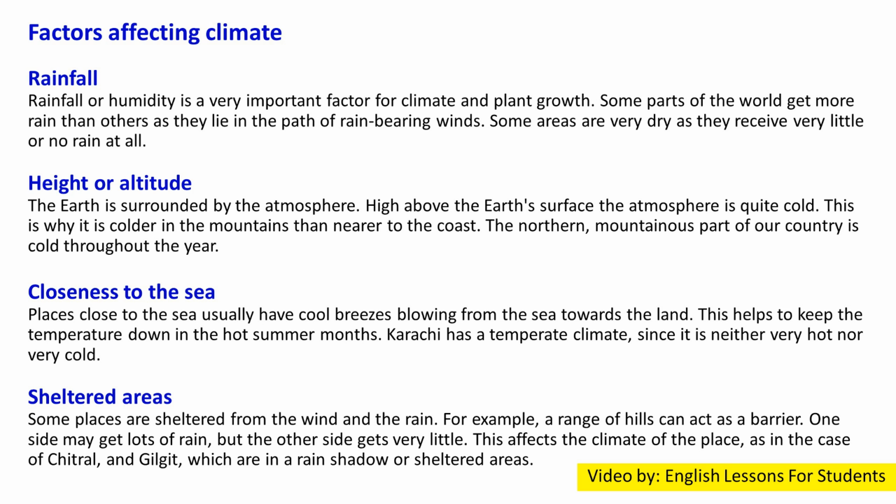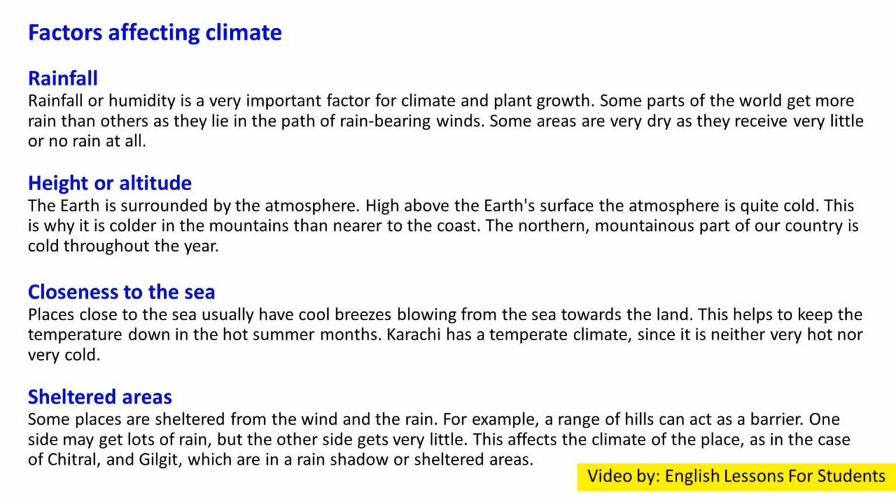Factors affecting climate. Rainfall. Rainfall or humidity is a very important factor for climate and plant growth. Some parts of the world get more rain than others as they lie in the path of rain bearing winds. Some areas are very dry as they receive very little or no rain at all.